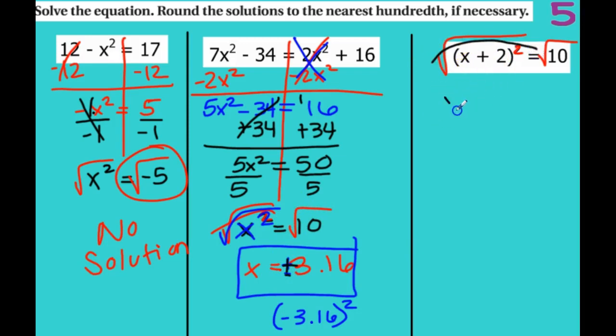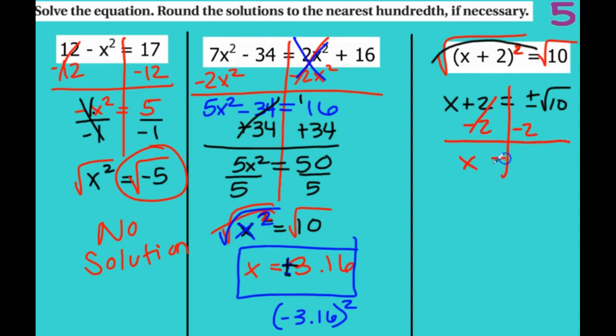So our square root and our square cancel, and we have x plus 2 equal to either the positive or the negative square root of 10. I'm not going to evaluate that yet. I'm going to wait and plug the whole thing into my calculator in a second. So now I could have two answers. I'm going to first get x by itself, so I'm going to subtract 2.